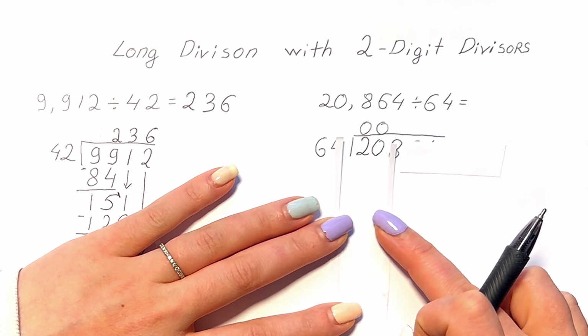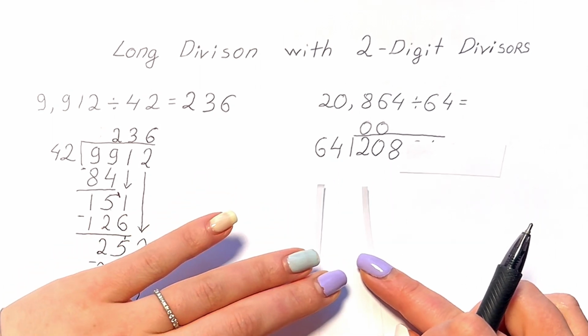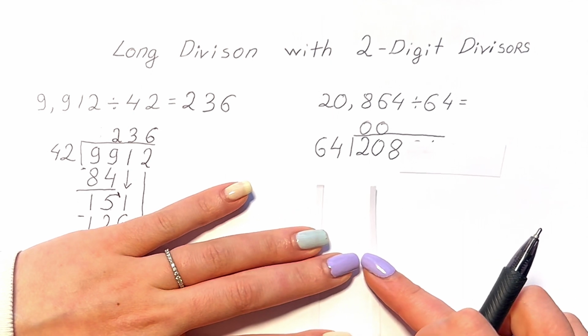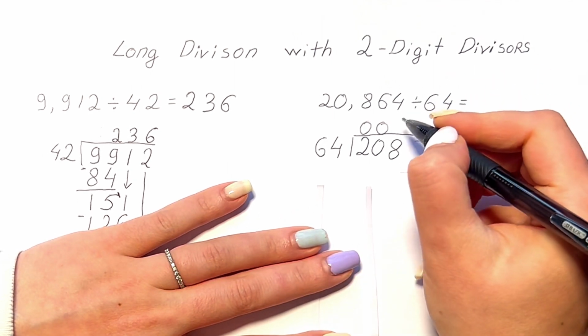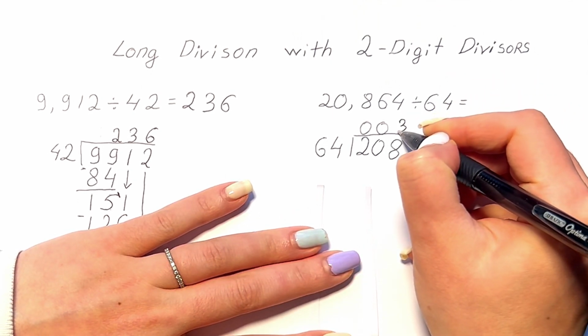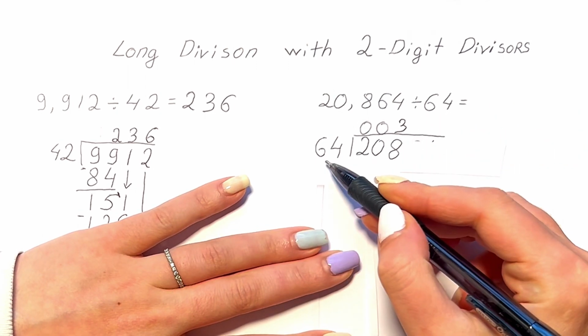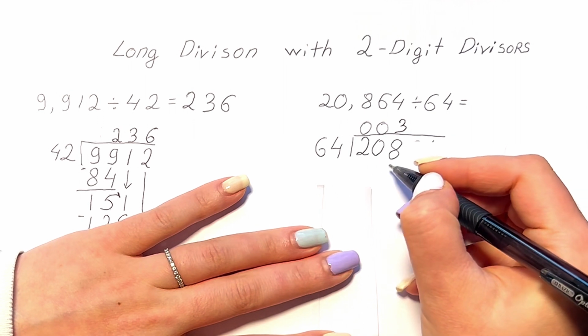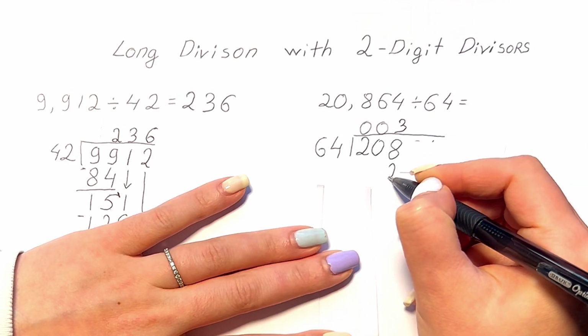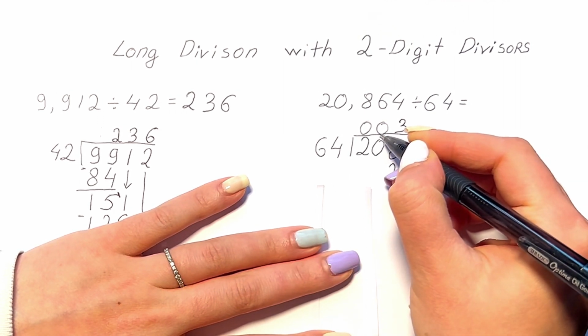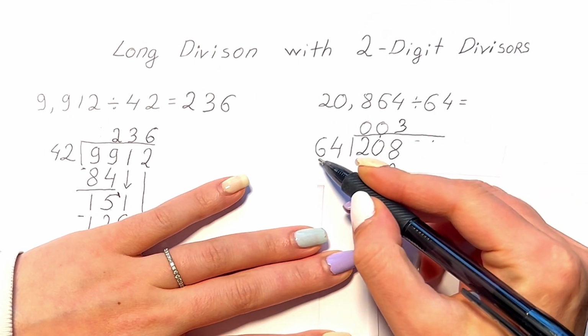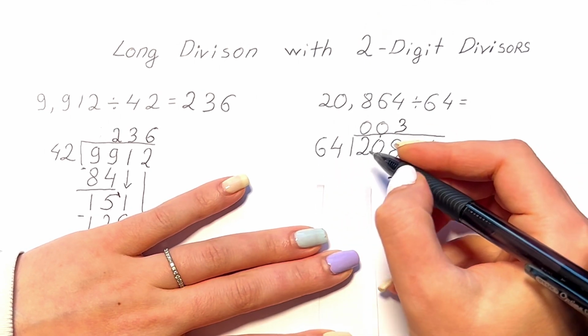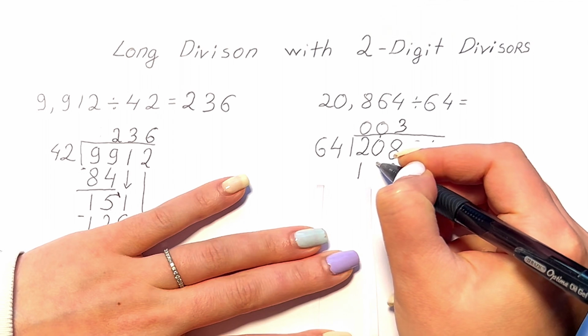So 6 goes into 20 3 times. It means 64 goes into 208 3 times. Let's multiply 3 times 64. 3 times 4 is 12. I'm gonna put the 2 and carry 1. 3 times 6 is 18. 1 more will be 19.